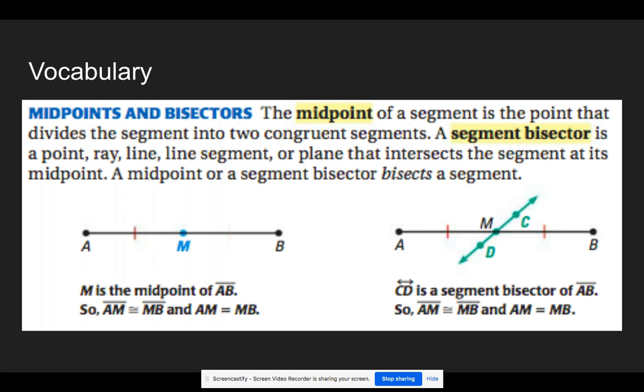You can see in the figure on your right that line CD bisects, or cuts, line segment AB in half, meaning that AM is congruent to MB. Take a moment and make sure you have this written in your notes.